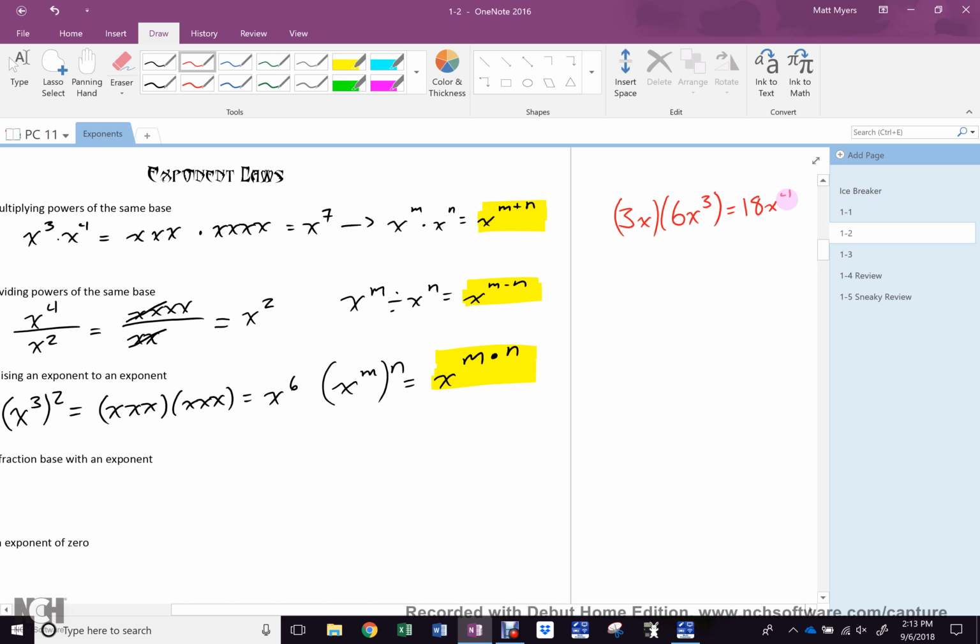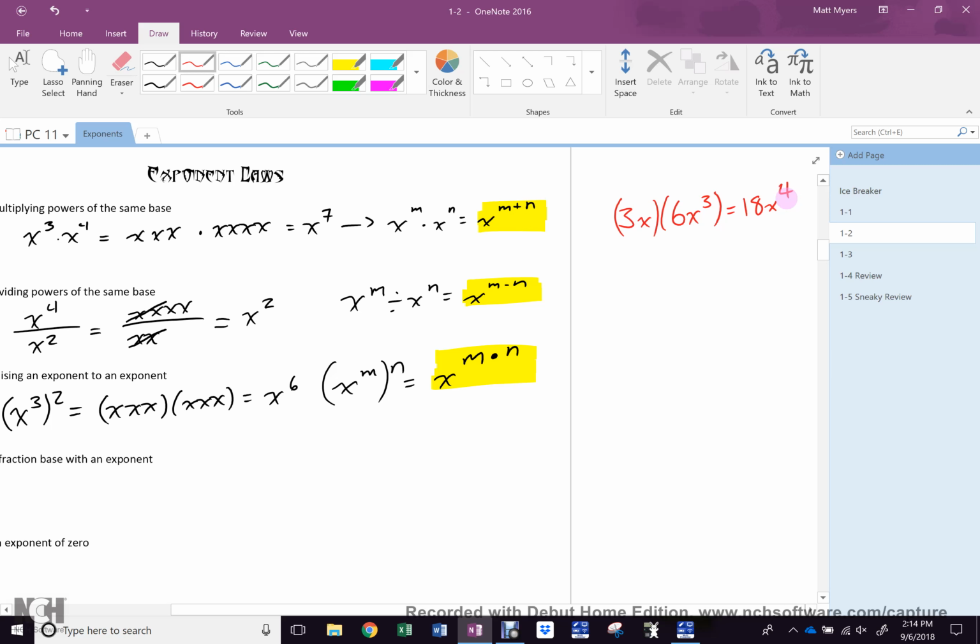Okay? Again, this is the type of thing I'm talking about. When you get trapped in thinking of only the rule and not what's really happening, then you can make mistakes. Because remember, 3 is not part of this base, is it? Everybody good? Okay. Is that a 4? Yeah, that's a 4. Sorry.